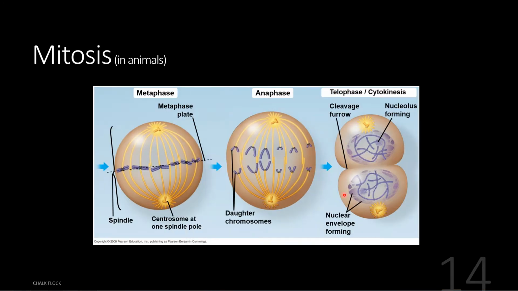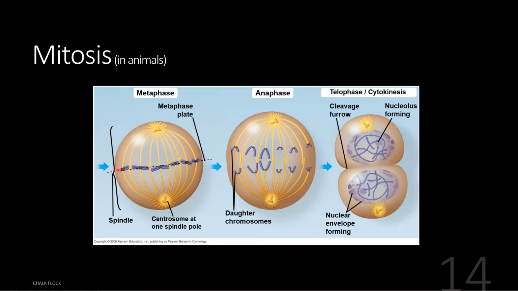So after all those microtubules hook up to those centromeres, then we're going to get something called metaphase. And metaphase is really amazing. It's when all of these chromosomes, we have 23 pairs of these chromosomes in a human, line up along this line. We call this line the metaphase plate.